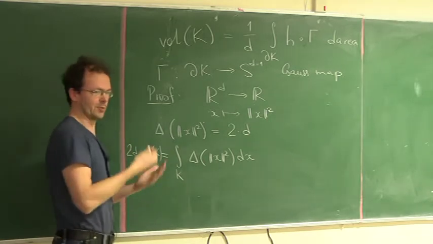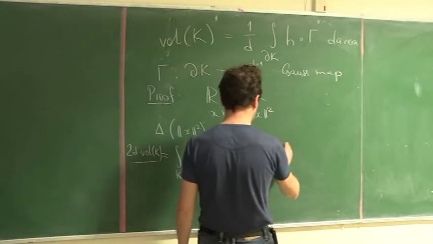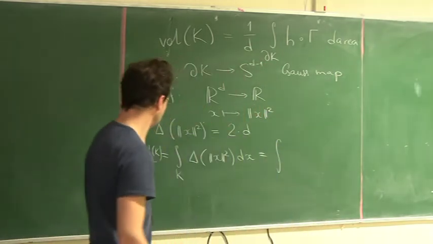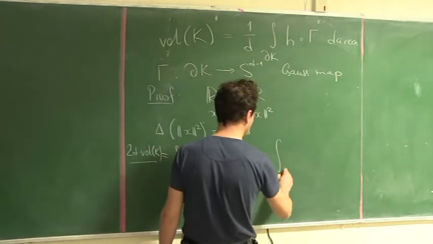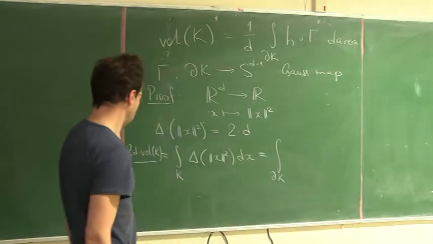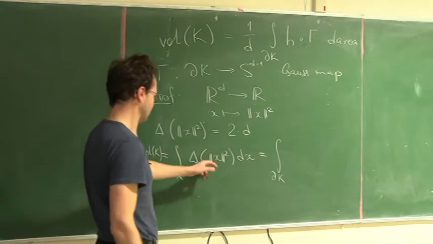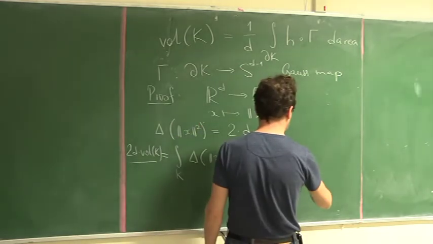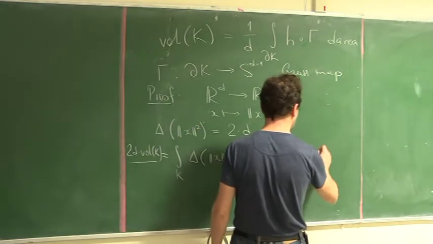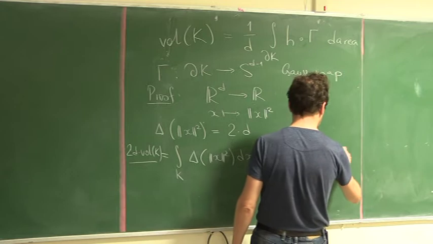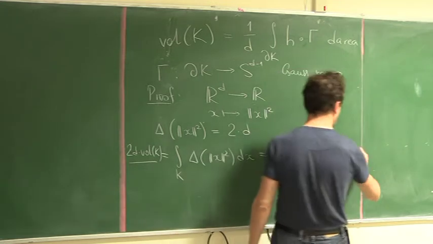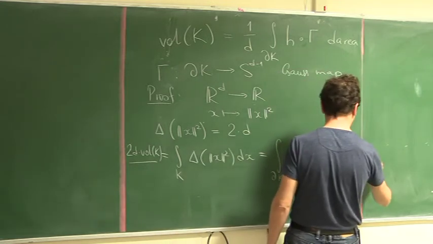Now here we have the Laplacian, so perfect, we can apply the divergence theorem and get the integral over the boundary of K of the inner product of the gradient of this function with the outward unit normal.